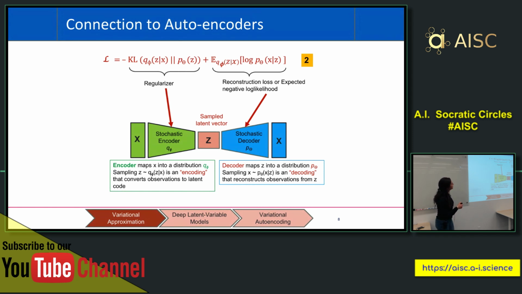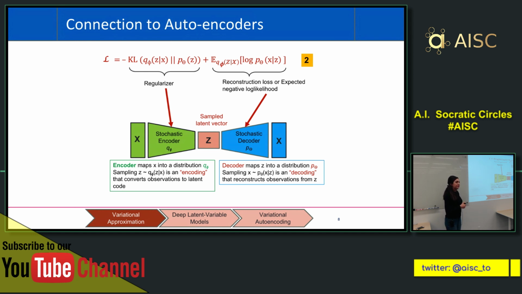From this KL divergence, I can say that there is a posterior that maps x to z, a stochastic encoder that maps x to z. I have the distribution, and then I take one sample from that distribution, and it will be fed into the decoder. So this is where I'm doing sampling. These are sampled latent vectors.